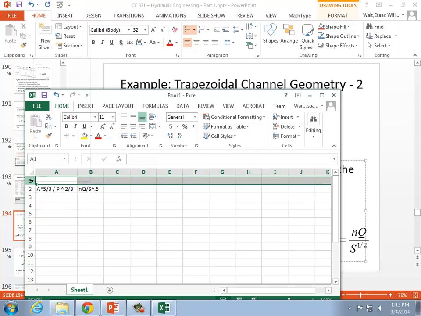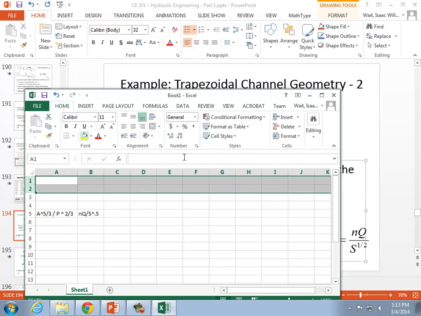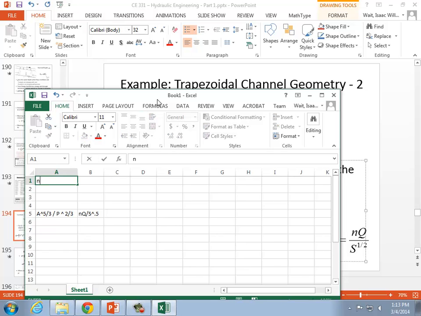Let me just put in some constants so that we could change it around if we wanted to. We've got n is 0.013 for this example. The slope is 0.0045, and then the flow rate that we are solving in this one is 17.5 cubic meters per second.